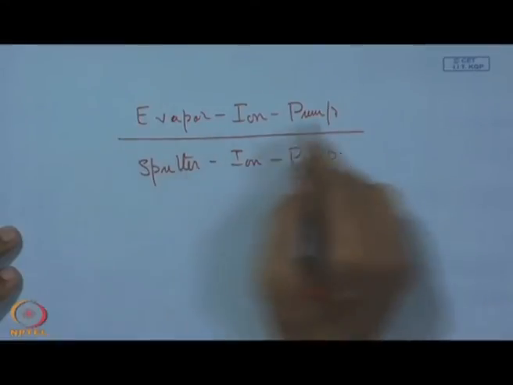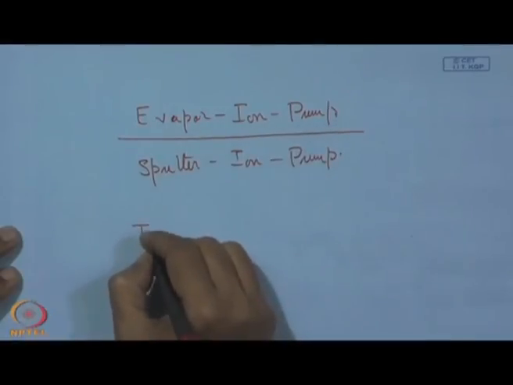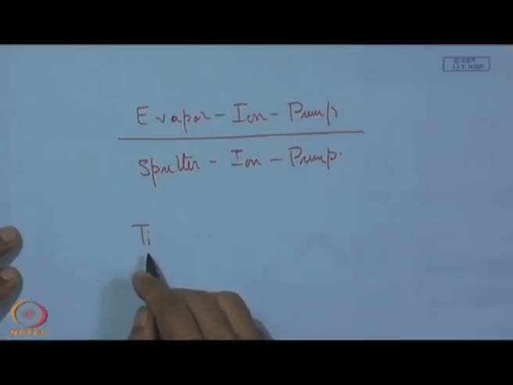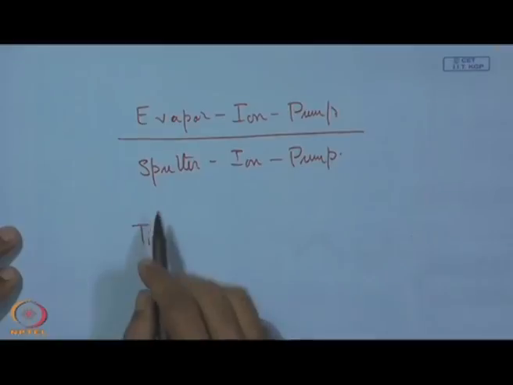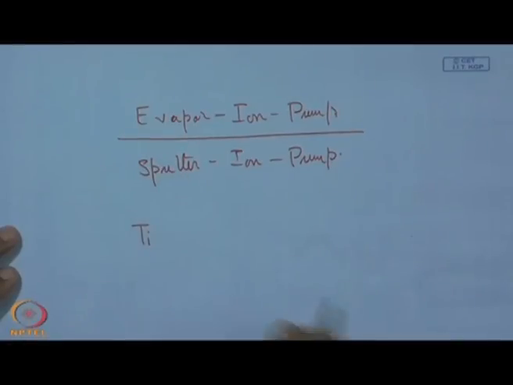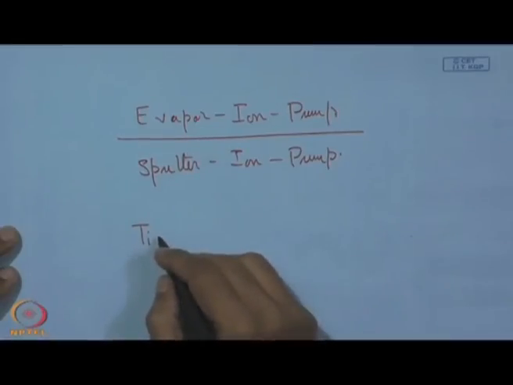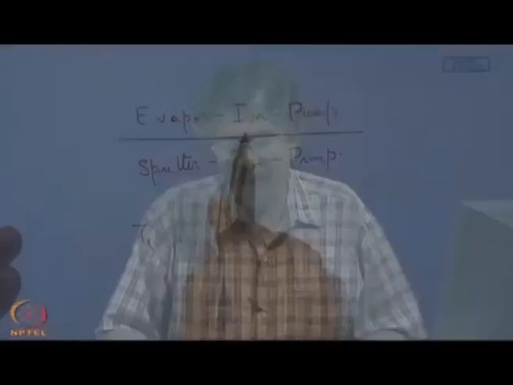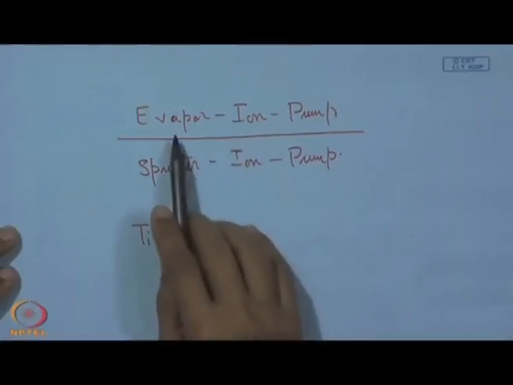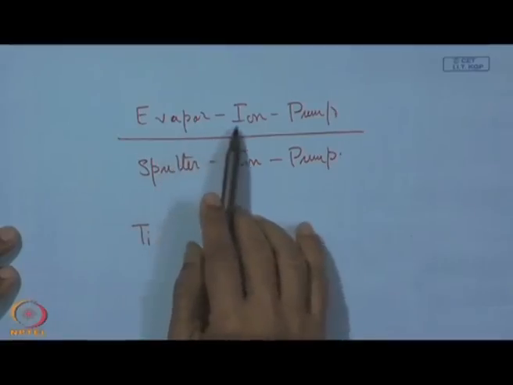In this case the material, say for example titanium, can be evaporated, and the place where it is going to be evaporated, that surface which is coated with titanium as a result of evaporation, will be polarized with negative bias. That means, that will now be used as cathode, and then this ionized gas will be attracted towards this surface. So, this is actually called evaporation ion pump.